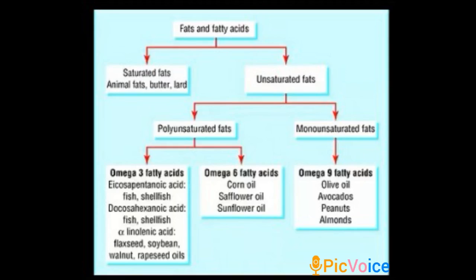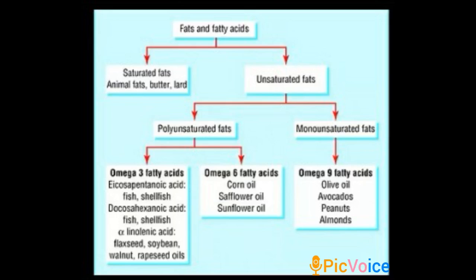MUFA are monounsaturated fatty acids, for example oleic acid. These fatty acids contain one double bond. Sources are olive oil, olives, peanut butter, groundnut oil. Then PUFA, polyunsaturated fatty acid. The example is linoleic acid, also called omega-6, present in safflower, sunflower, cottonseed, soya bean, corn, sesame oil.